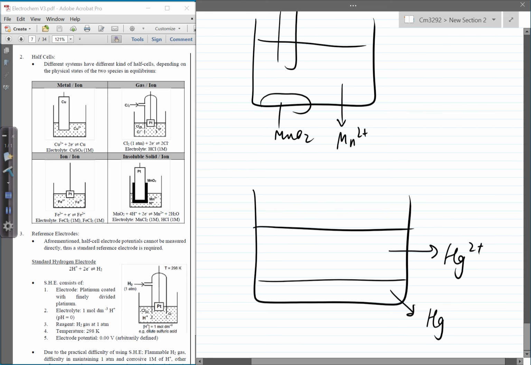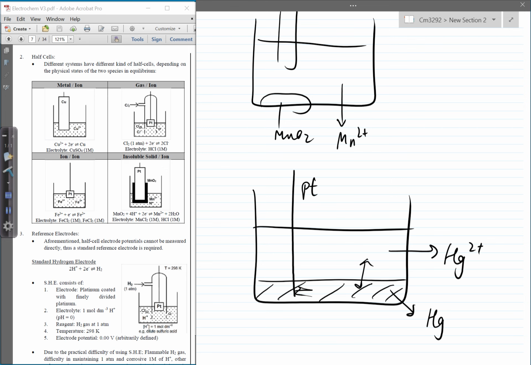Let's say we have one soluble salt. This is your Hg, this is your Hg2+. So in order to do it, you just have to attach a platinum rod that's touching the Hg. So these two are still in equilibrium and still in contact with the Pt. So you have to be flexible. This is just one example.